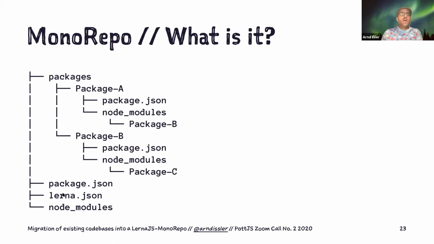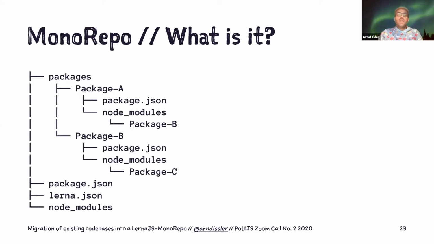And you often have a subfolder where all the other packages, here package A and package B, are located, and this is often called packages. And in the best case scenario, you have only one node_modules folder, and this is at the root level, where all the dependencies from the whole MonoRepo are located, and they are only linked to the node_modules folders, maybe from the other packages.